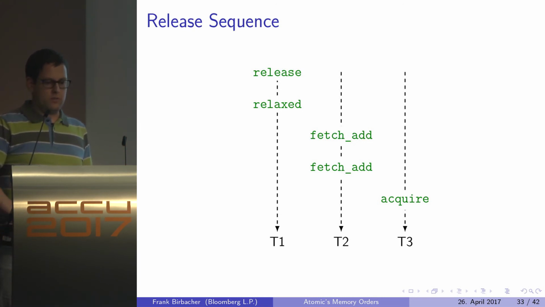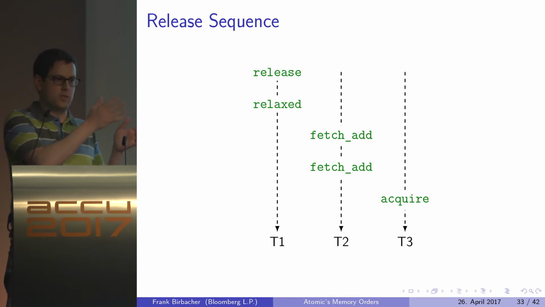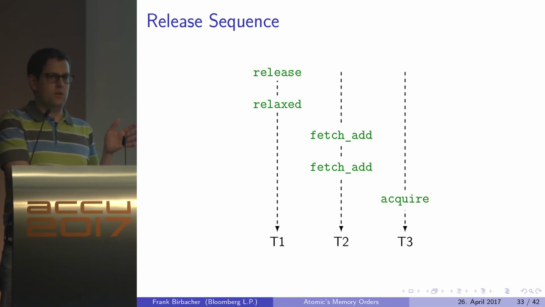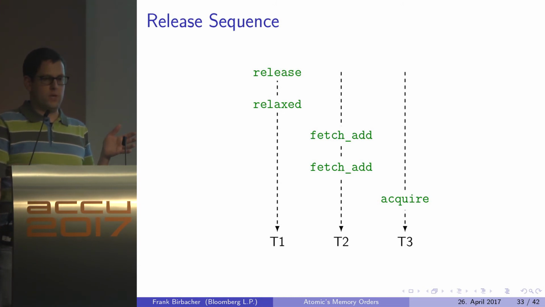So suppose thread 1 wrote something to memory and then did a releasing store to one variable like we had in the example. Then it could still apply more atomic operations on this variable, which for a single thread are ordered by the sequenced-before relation, right? It could do a relaxed write, and the thread T3 might or might not observe this.